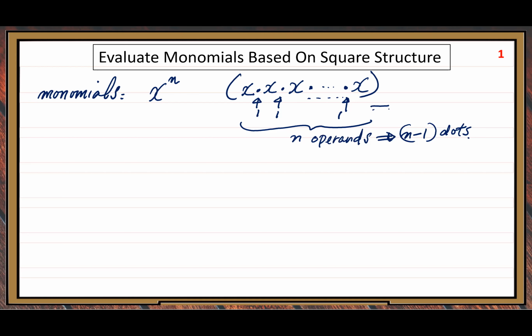So that corresponds to n minus 1 multiplications.